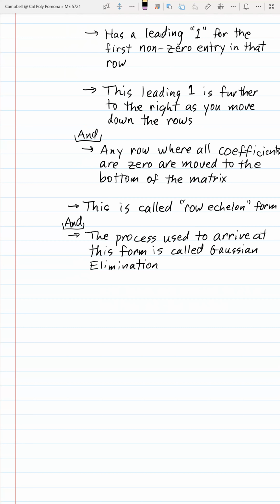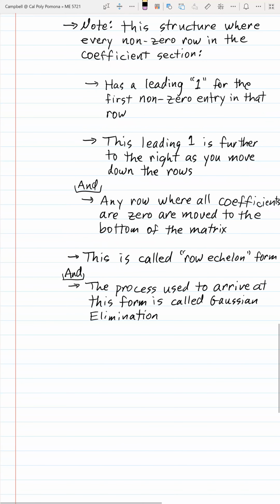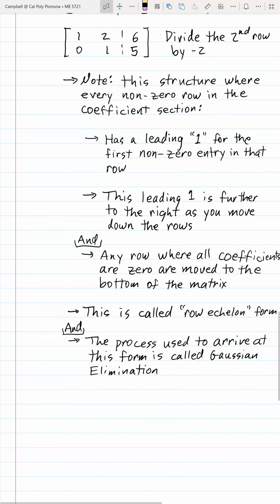But meanwhile, you're just sitting there taking the leading value, making sure it's a 1, making sure that all leading values move further to the right, of course, as you get further down in the rows, and then taking that leading value, multiplying by the inverse of that leading value to get it to a 1, and then continuing the process. So it would be fairly simple to code this particular process up in software.